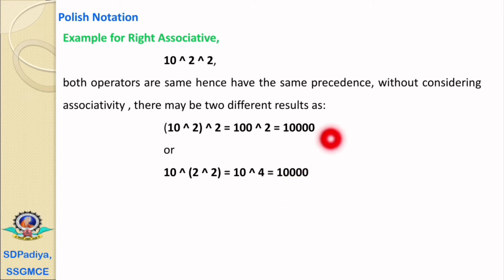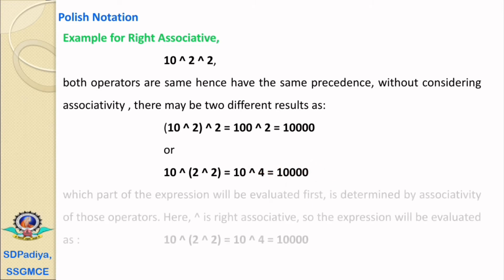In both left to right and right to left, the result is the same, but we have to take care about the associativity. For multiplication, addition, subtraction and division, we have to solve left to right, and for the equal operation and exponential, we have to solve right to left.